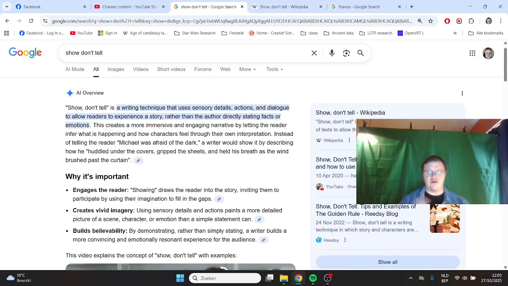Michael was afraid of the dark, but you're not really adding something to that moment, but more actually showing it. Like, for instance, in a scene for a movie, you could have this sentence, Michael was afraid of the dark, just literally be shown. Like a boy or a man gripping the sheets, gripping himself in a fetal position, and you get to see what is happening exactly. That's the show part.